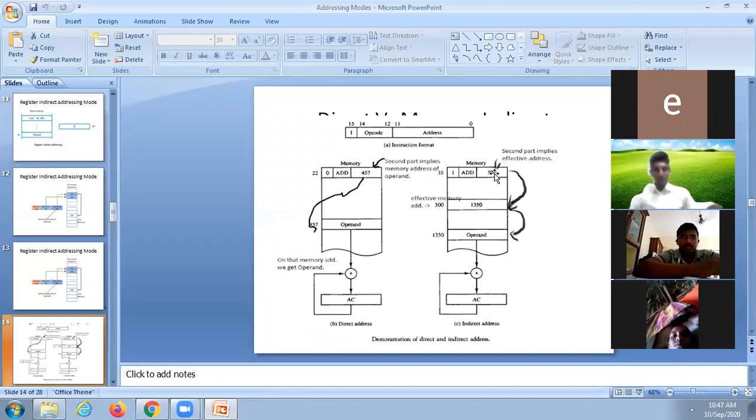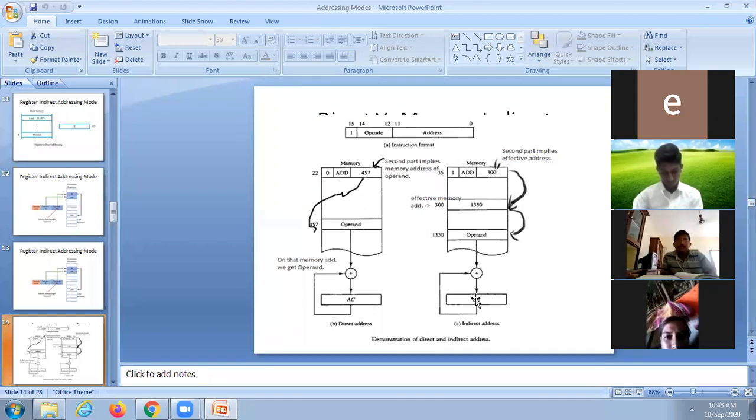This 300 contains the address of the data, 1350, and at address 1350 there is a value. That value is added to the accumulator, and the result is stored again in the accumulator. This is the difference between memory direct and memory indirect addressing mode.